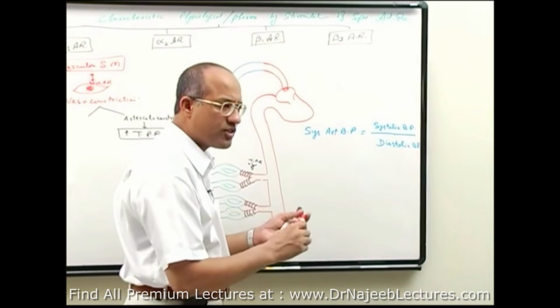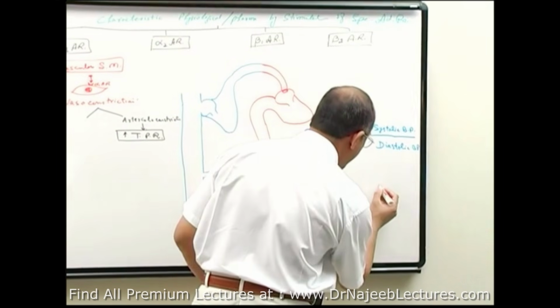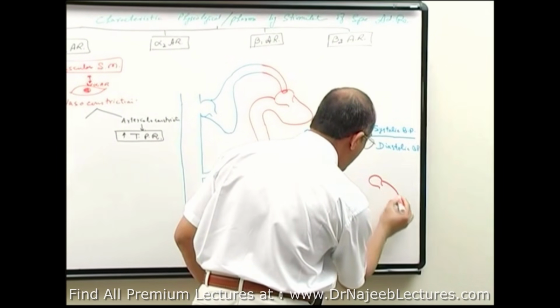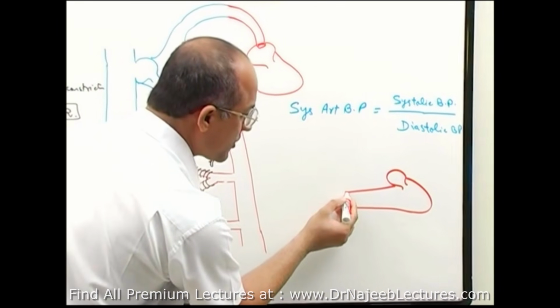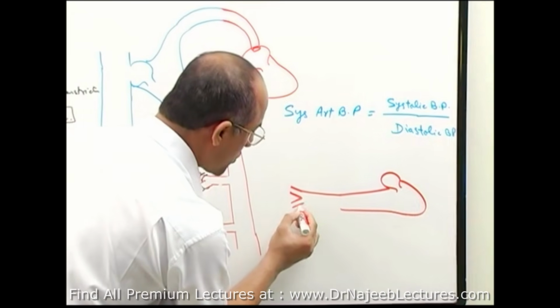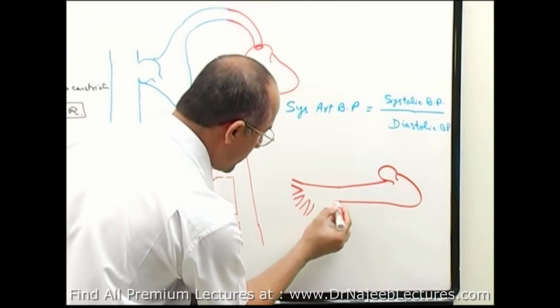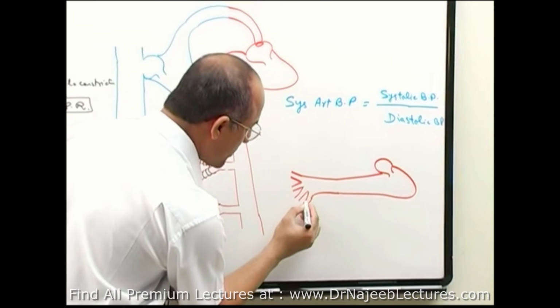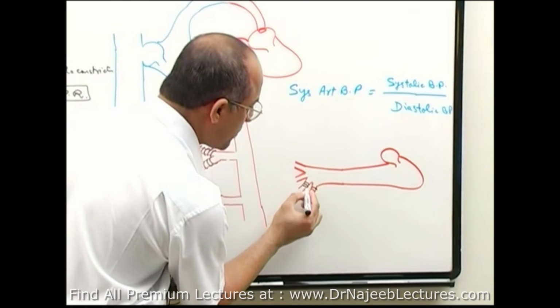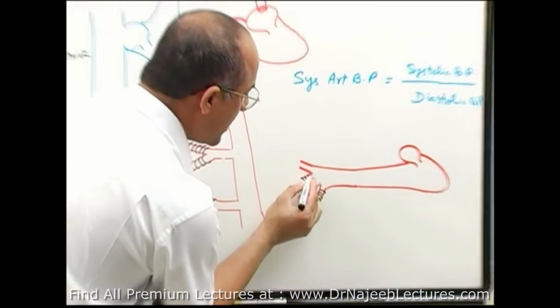Let me make a very simple diagram to explain this phenomenon. Let's suppose this is your left heart and this is the arterial tree, and here are, suppose, your arterioles.